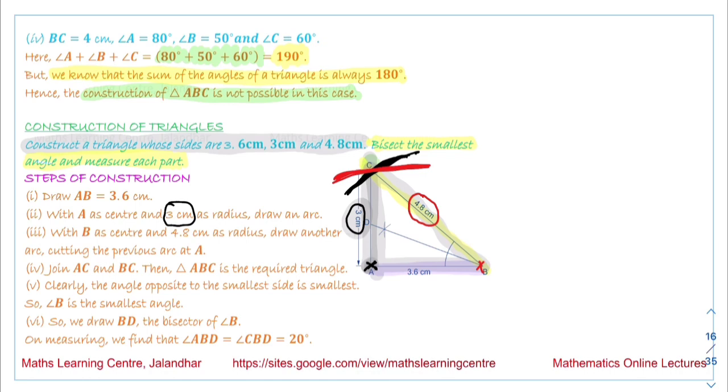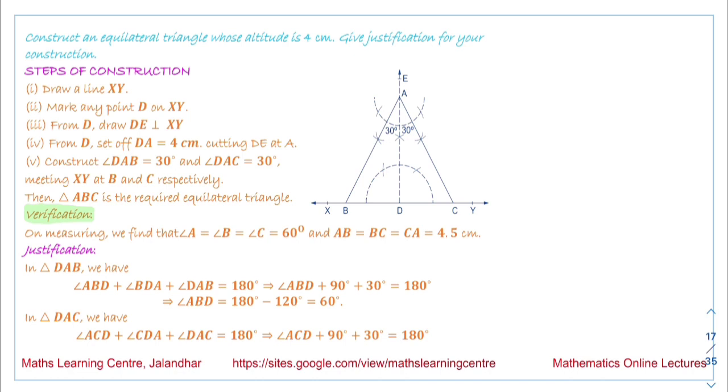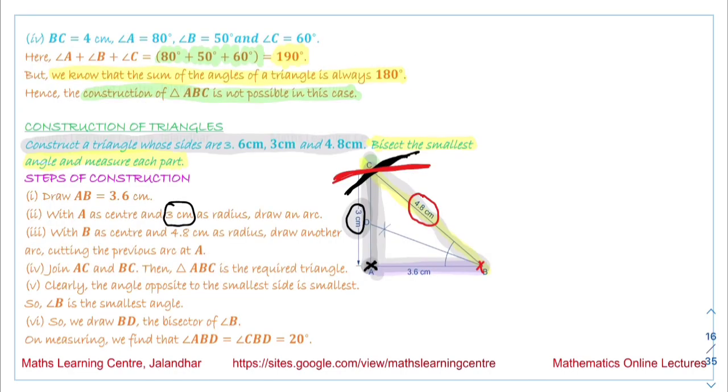Now to bisect this angle, what we have to do? We will keep the tip of the compass at the point B, and we will open a fixed length and mark an arc over here. We have marked these 2 points, and after this, by keeping the compass at this point, we have marked another arc, and by keeping the compass at the other point, we have marked another arc.